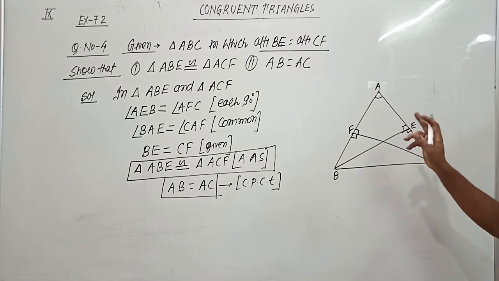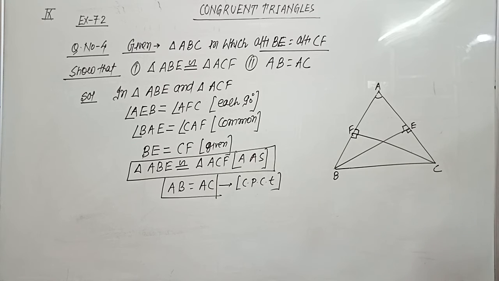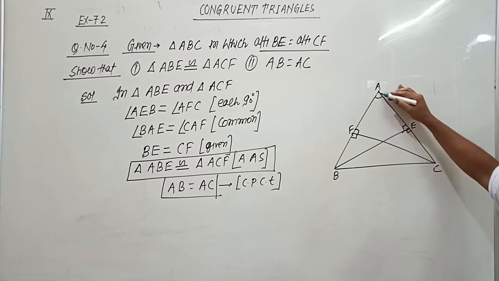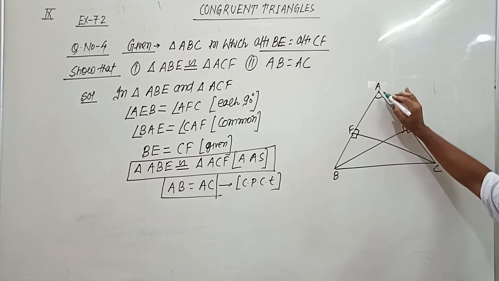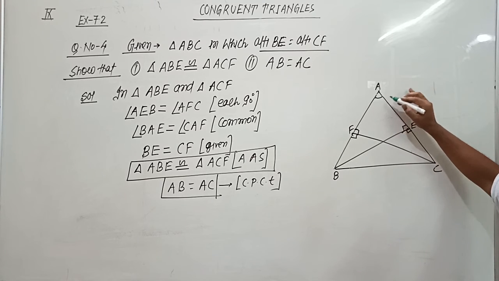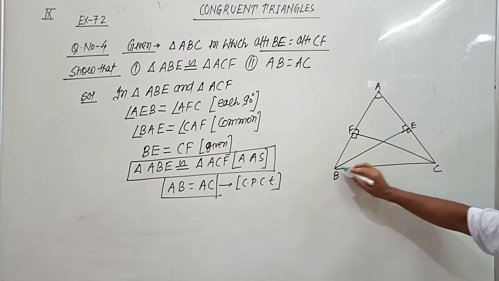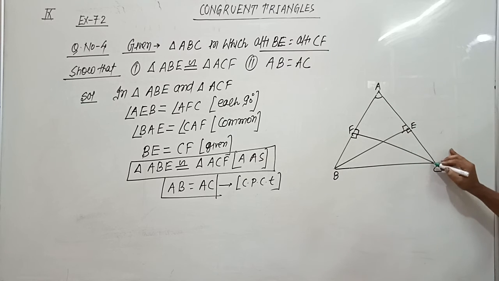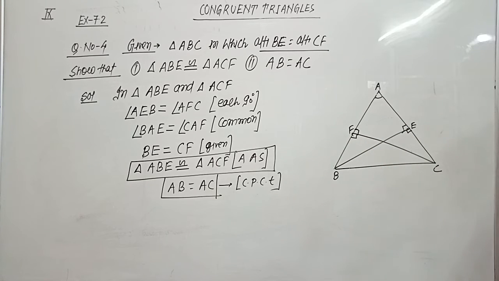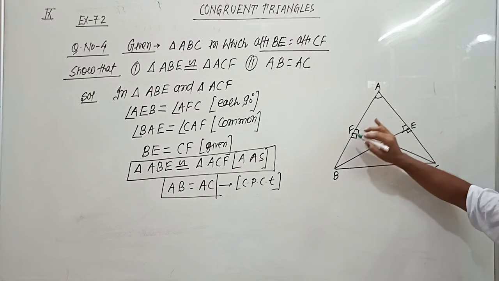In triangle ABE angle AEB is 90 degrees, and in triangle ACF angle AFC is 90 degrees. Also angle A is common, so angle BAE equals angle CAF.